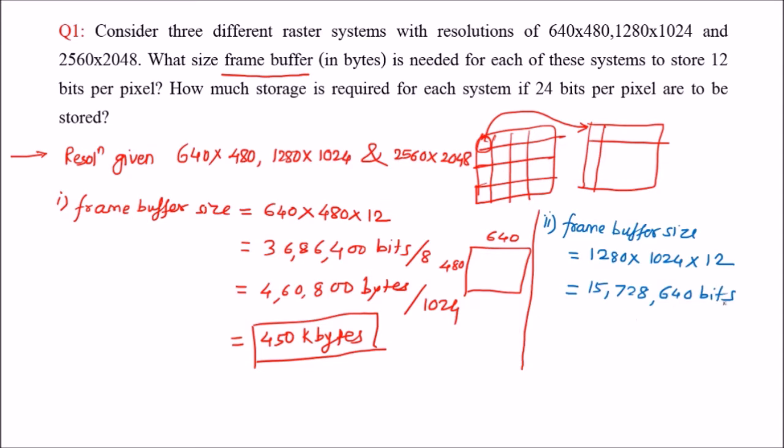If you want it in bytes, then you have to divide by 8. So the answer will be 1966080 bytes. If you want it in kilobytes, then divide by 1024. So it is equal to 1920 kilobytes.